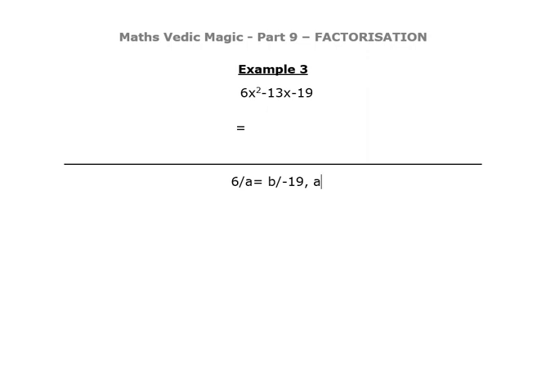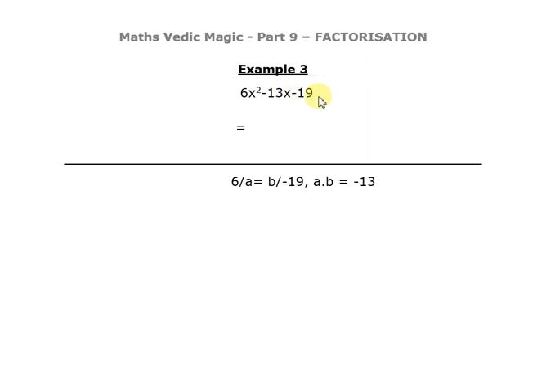Now 19 times 6, and the sum of these two terms should be minus 13. If you look at this equation, the answer lies in the equation itself. The terms will be 6 and 19 themselves. However, for their sum to be minus 13, the higher term would be minus 19 and the smaller term would be plus 6.